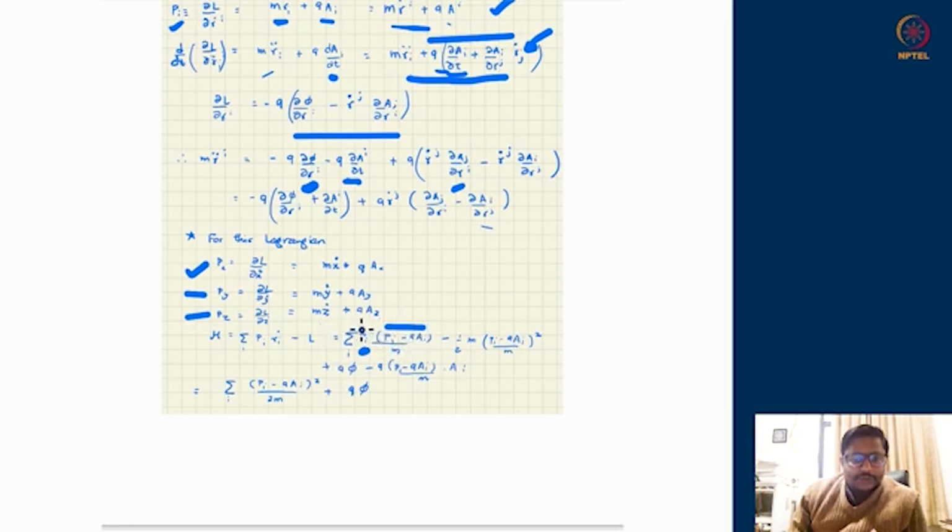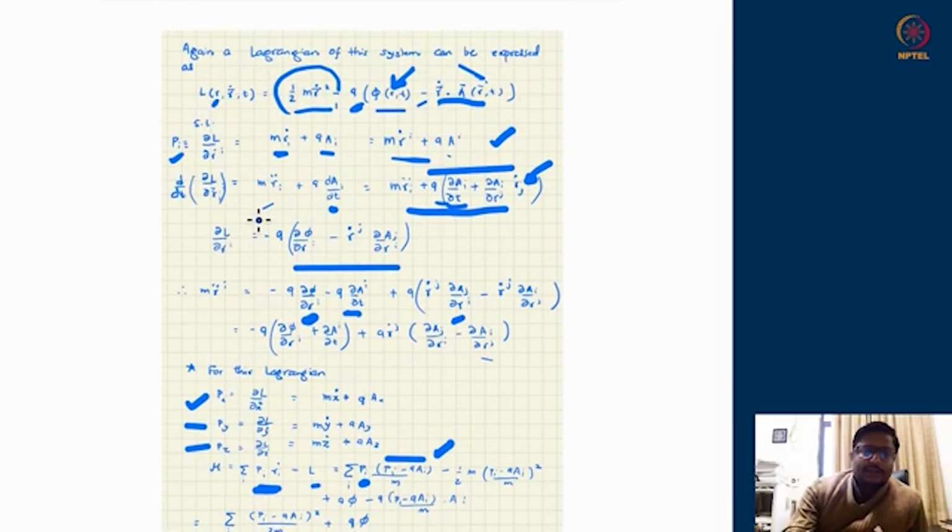Similarly, Py times y dot will be Py times Py minus QAy divided by m, and Pz times z dot will be Pz times Pz minus QAz divided by m. Collectively, I am writing this as Pi times Pi minus QAi divided by m, summed over i. This is the representation of this term.